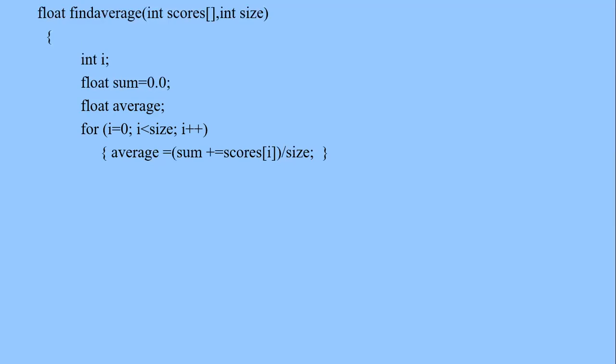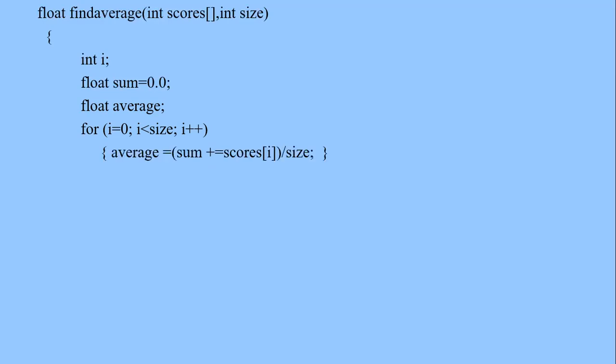What you get, divide by size, and store that in memory location called average. So in other words, this statement can read in full: average equals, opening parentheses, sum equals sum plus scores square bracket I, divided by size.